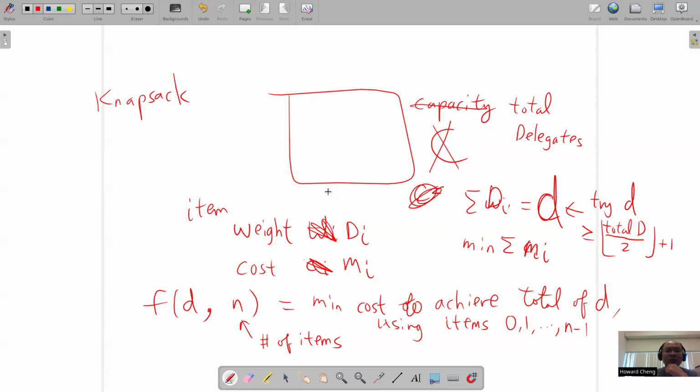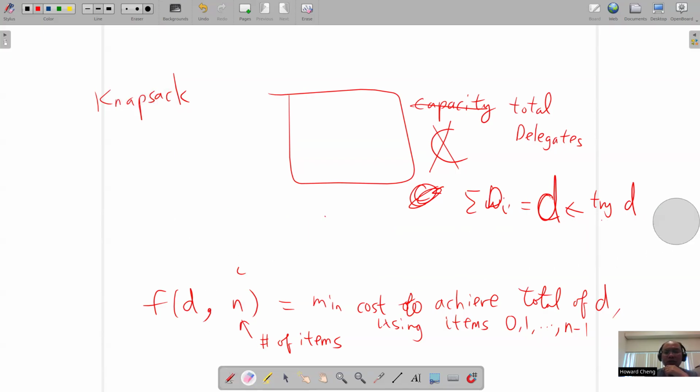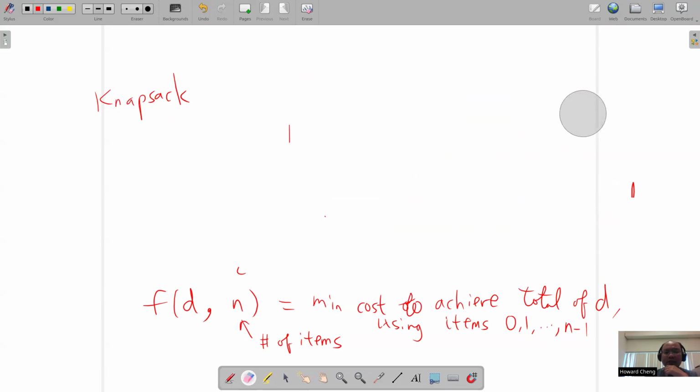And what you do is you say, okay, do you use the last item or do you not use the last item? Those are the two choices in knapsack. So the recurrence goes like this.